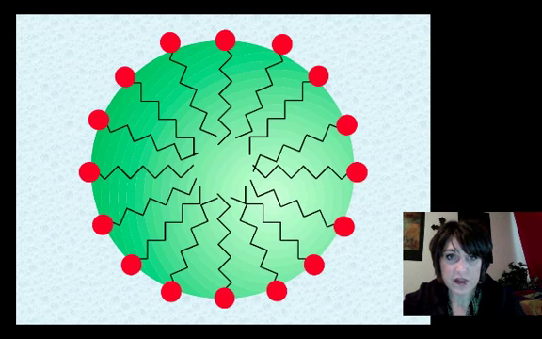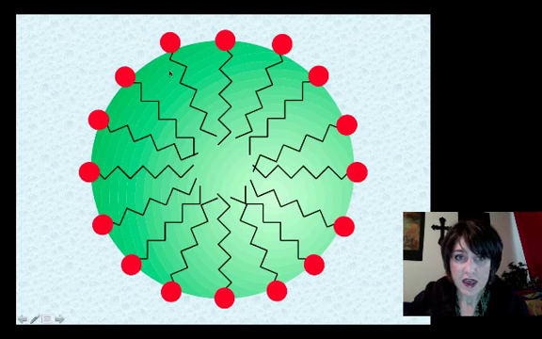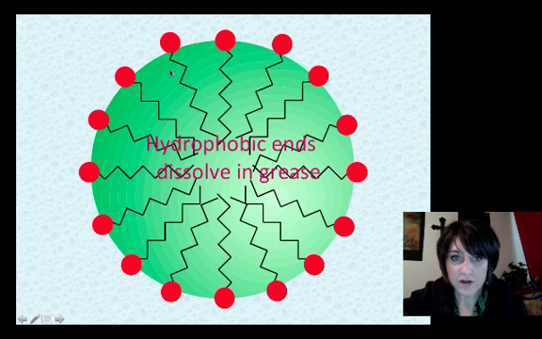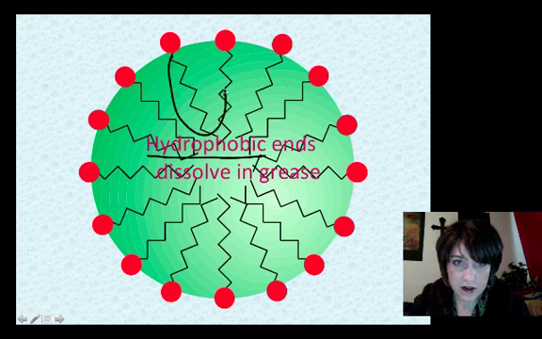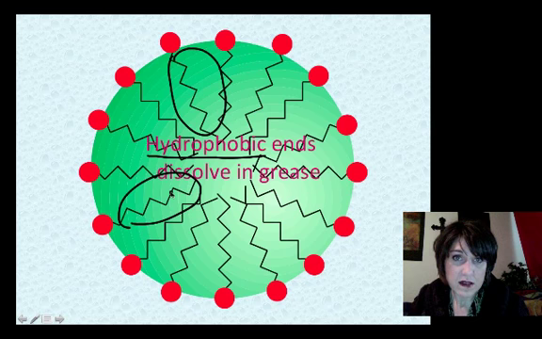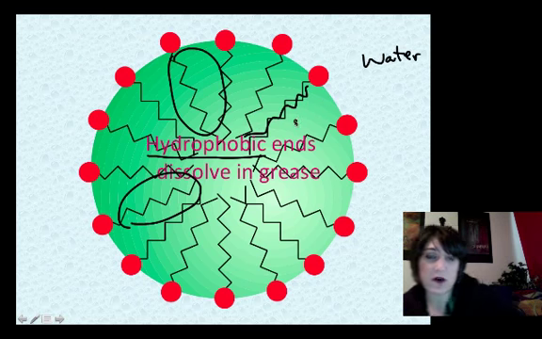First of all, we take our droplet of grease and all of our hydrophobic ends dissolve in the part that is grease. All these long chain hydrocarbons are going to stay inside the grease because they're hiding out from the water. See, the water's out here? They don't like the water. If they stay embedded in the grease, then they don't have to touch the water.